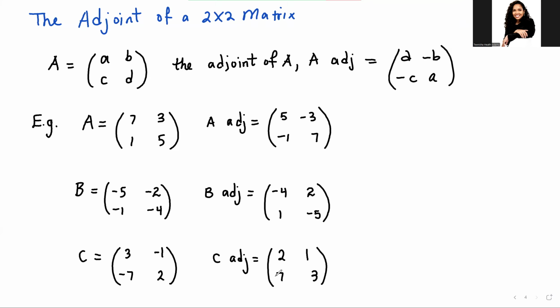So it'll be 1 and 7. That's it. That's the whole thing about the adjoint. It is easy, but you do have to be careful with your signs and you do have to memorize it because it's not given to you in your list of formulae.